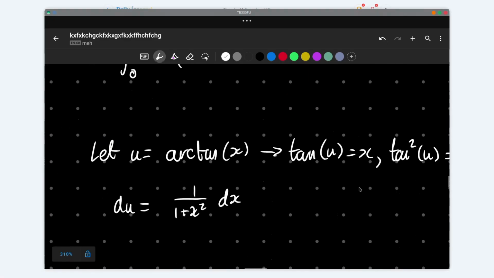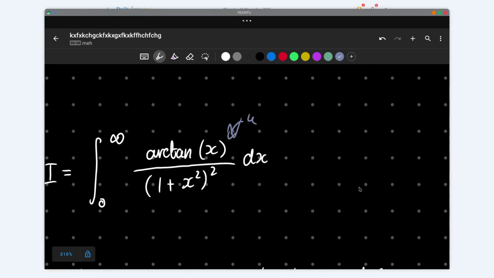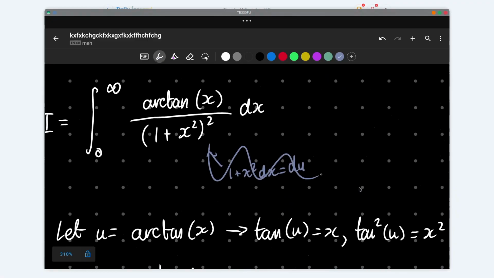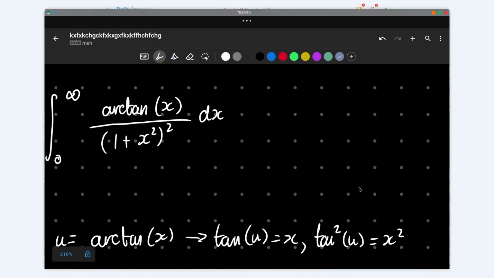I'm pretty sure this is what it should be. This becomes u. That's our sub. One of them is this. And then the other one doesn't cancel, we just replace it with 1 plus tan squared u.